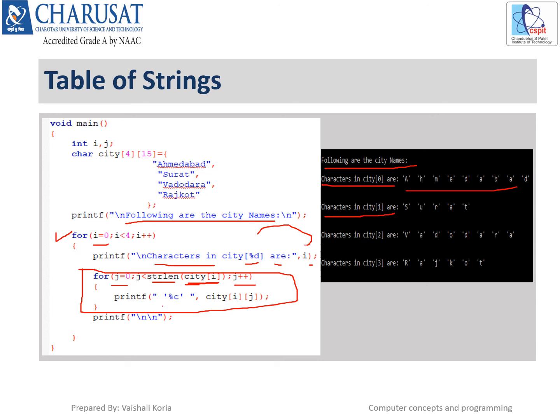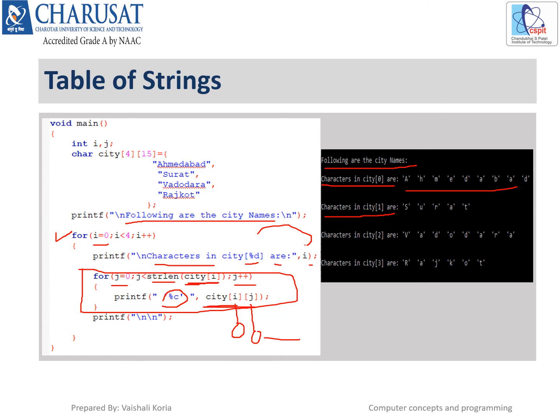Using %c, it will print the individual character using the two subscripts i and j, where i is equal to 0 during the first iteration of the outer for loop, and j will take the value from 0 to the length of Ahmedabad.